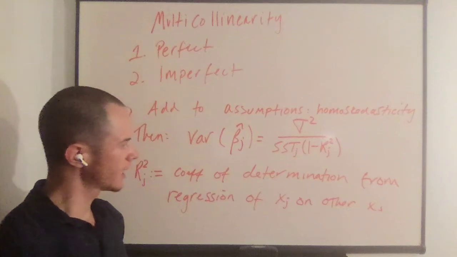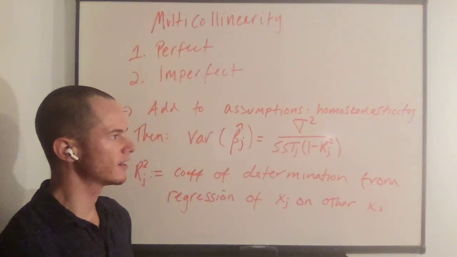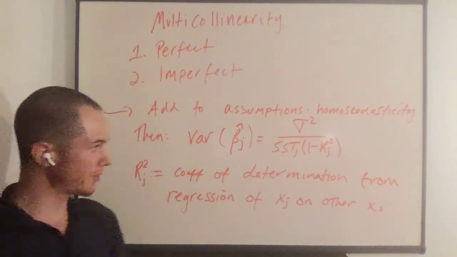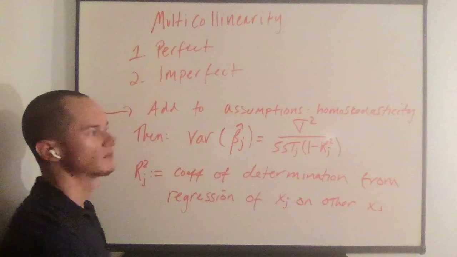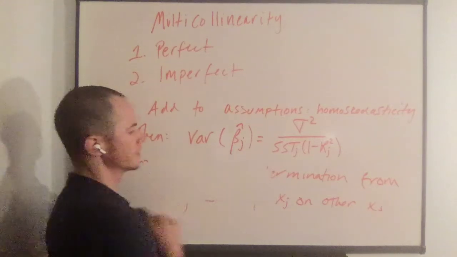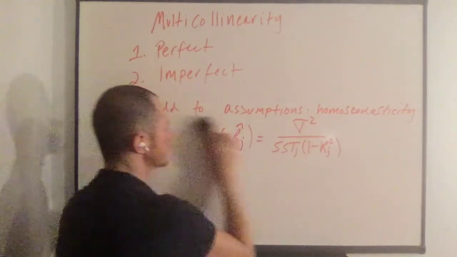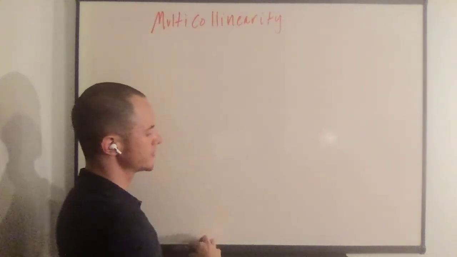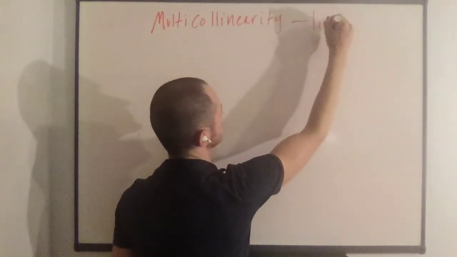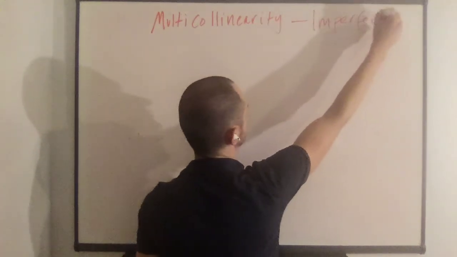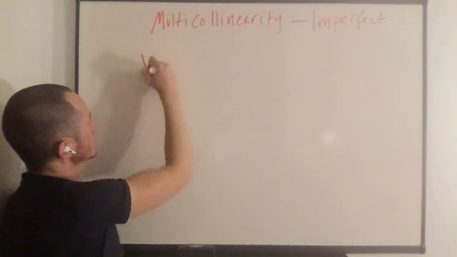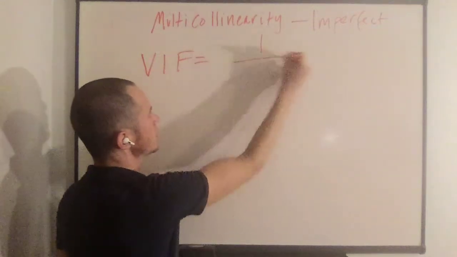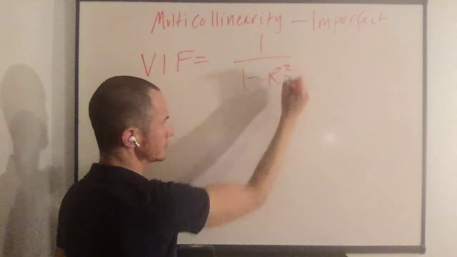Now we can bring in a statistic to give us an idea of how bad that variance inflation is, using the variance inflation factor. So this is for imperfect multicollinearity. We can define a variance inflation factor. The variance inflation factor is just 1 over 1 minus the r squared j.